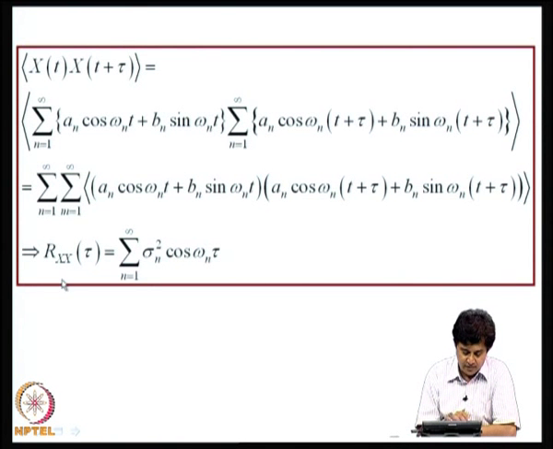So, therefore, it follows that x of t has 0 mean and covariance function which is a function of tau, therefore, it is a wide sense stationary process. But since x of t is Gaussian, because a n and b n are all Gaussian and we are doing a linear transformation on Gaussian random variables, x of t is also Gaussian, therefore, x of t is also strong sense stationary.